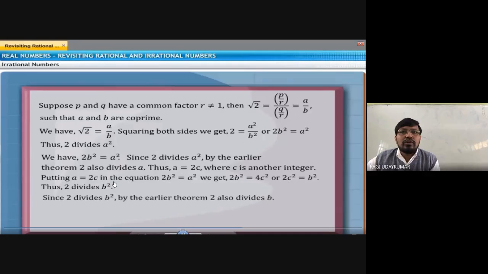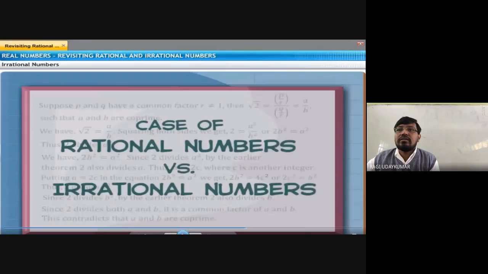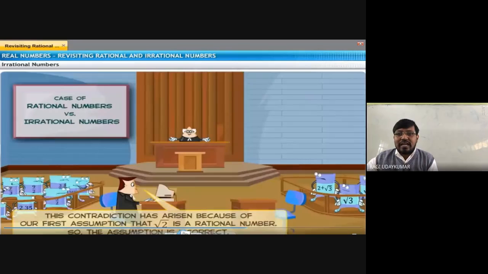Putting a equal to 2c in this equation, we get that 2 divides b square also, because b square is equal to 2c square. So 2 divides b square, and by the earlier theorem, 2 also divides b. So 2 divides both a and b. But what did we say at the start? a and b are co-primes. This is a contradiction.